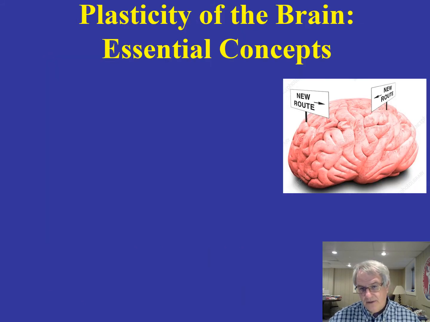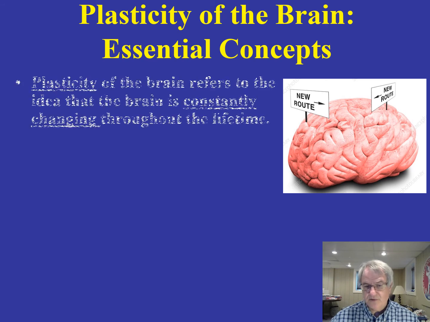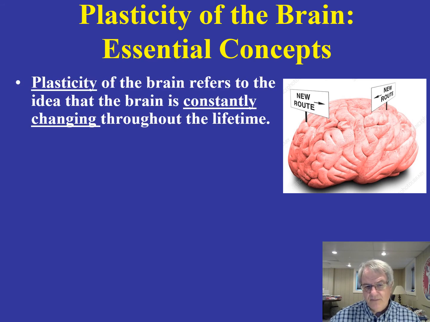So an important concept here is the one that we call plasticity of the brain. And it's important to really understand some of these key, essential concepts. When we say plasticity, what we're saying is that the brain is changing, and it's changing throughout our lifetime.